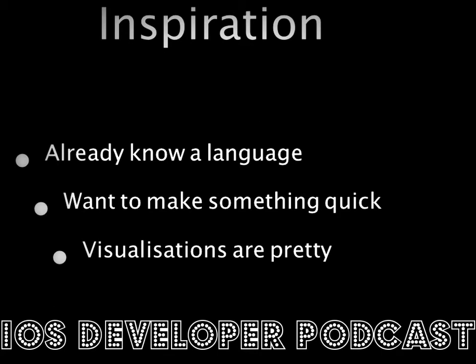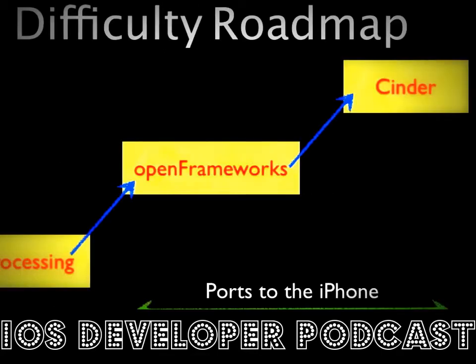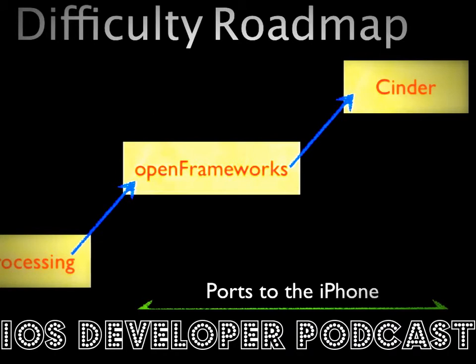So what does this actually all mean? Well, there's a couple of frameworks out there that are free, and they're targeted for different audiences. The three that I'm particularly familiar with are Processing, OpenFrameworks, and Cinder.